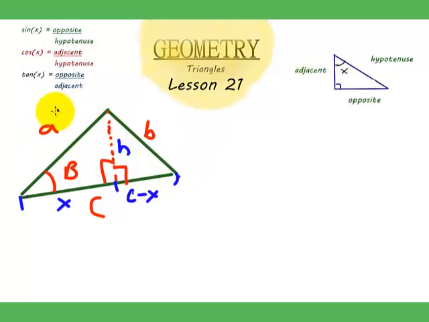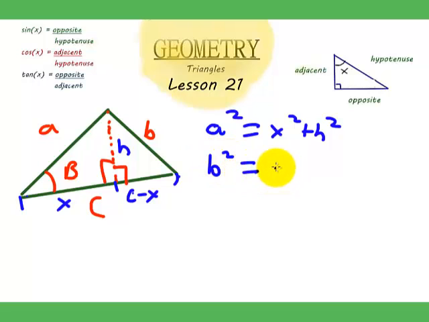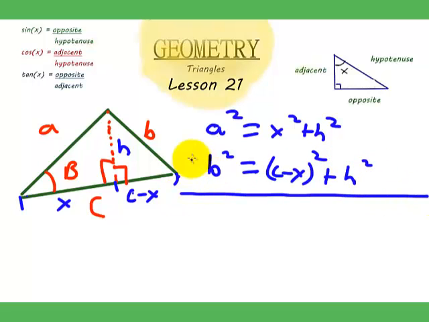Now, in the leftmost triangle, using Pythagoras' theorem, we get a squared is equal to x squared plus h squared. And in the other triangle, we get b squared is equal to (c minus x) squared plus h squared. Now let's subtract both equations.